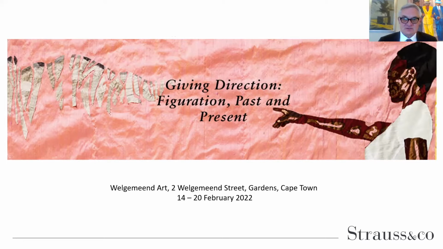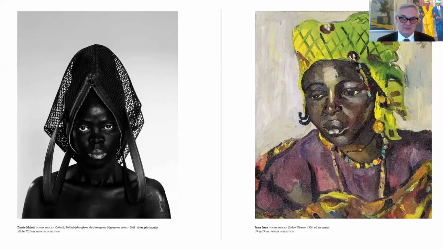On Monday, just to recap very briefly, we looked at historical conditions that gave rise to the production and consumption of figuration in Africa. And Arisha, just to highlight what we mean by figuration.